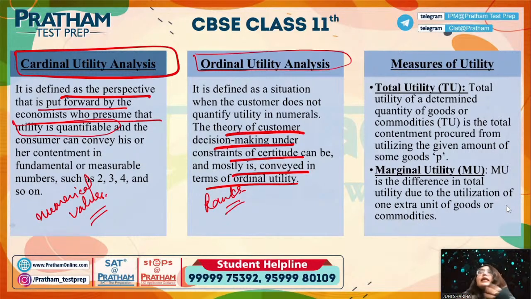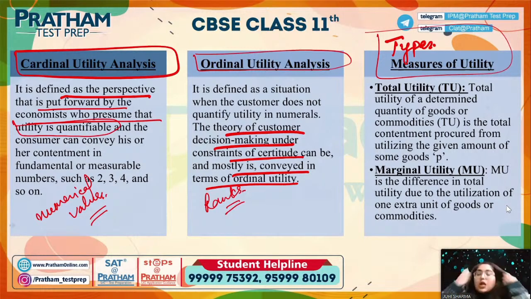Now whenever we talk about utility, there are two measures of utility about which we talk. There is total utility and then there is marginal utility. Okay, what is total utility? I have consumed so and so good, and by consuming, let's say, 10 quantities of that good, I got this much utility from it.